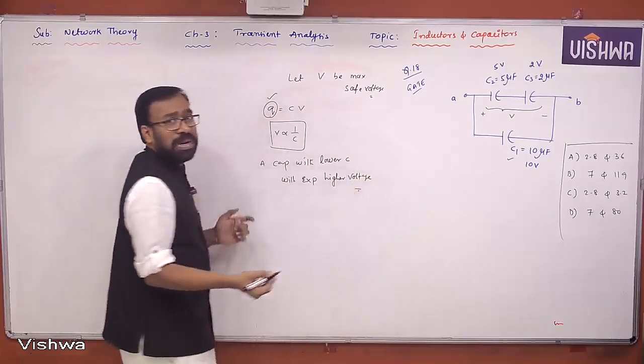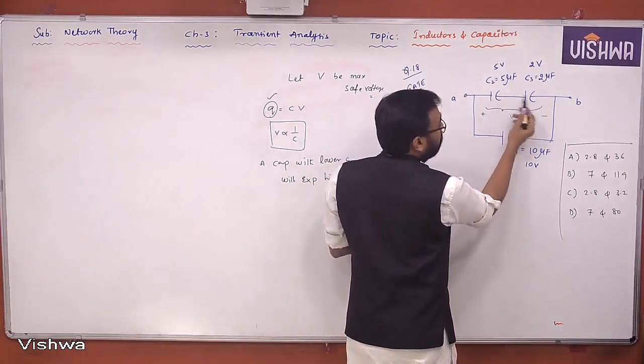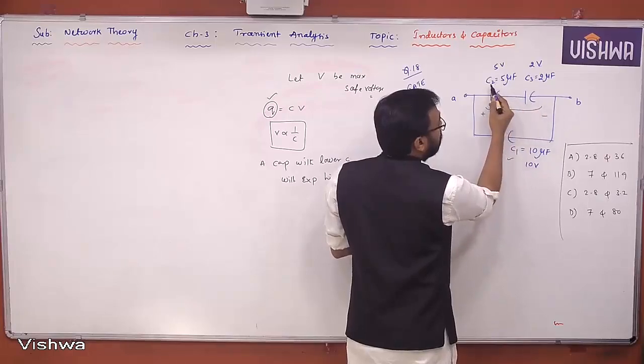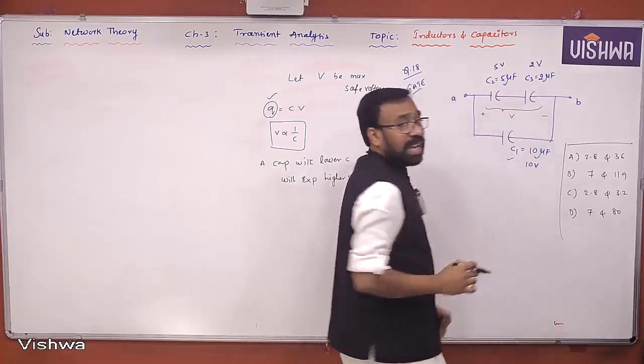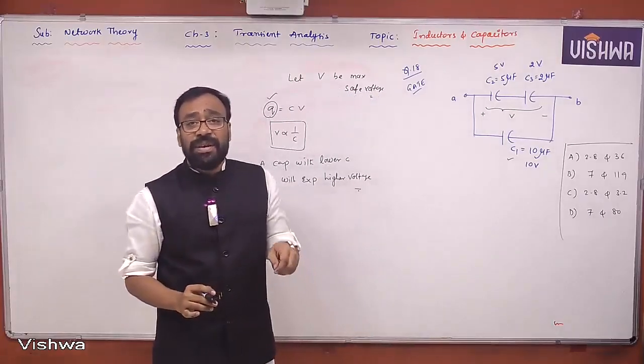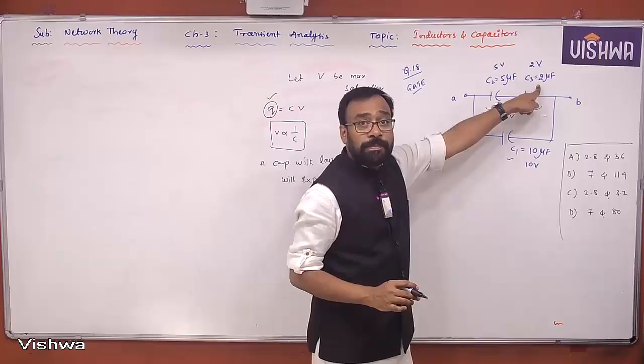This is a simple concept. Okay, so who is actually in problem now in this, C2 5 microfarad, C3 2 microfarad, when the 2 capacitors are connected in series? Who actually has a problem here? A capacitor which offers lower capacitance. Yes or no, all of you?